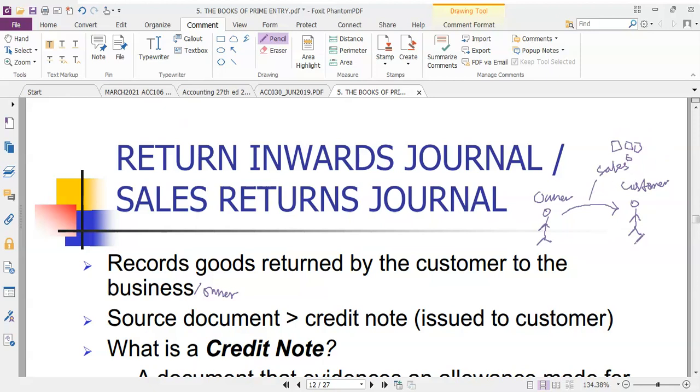So customer ni akan pulangkan semula kepada owner, return back the products that is maybe obsolete, wrong product. So customer ni pulangkan balik kepada owner. So bila pulangkan, it means that is the sales return.